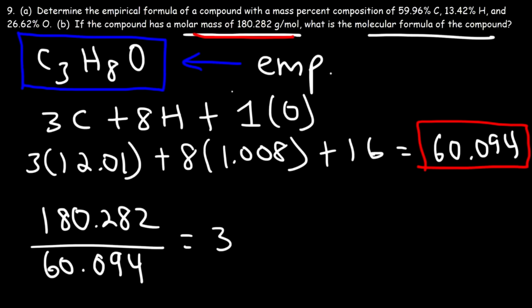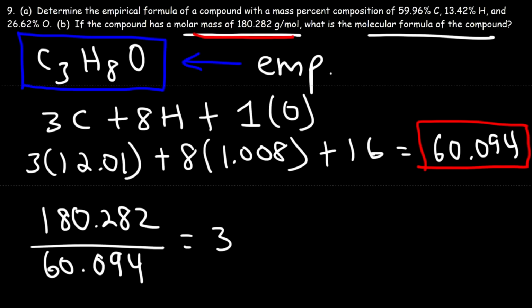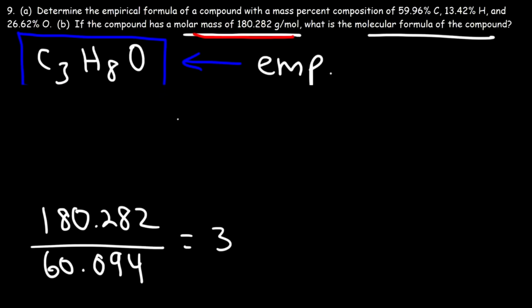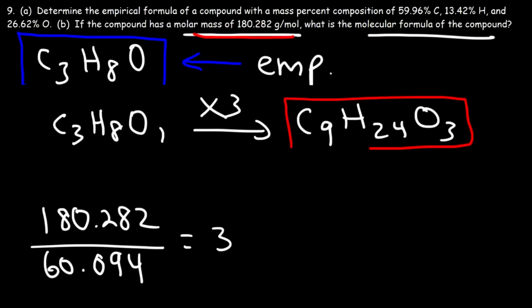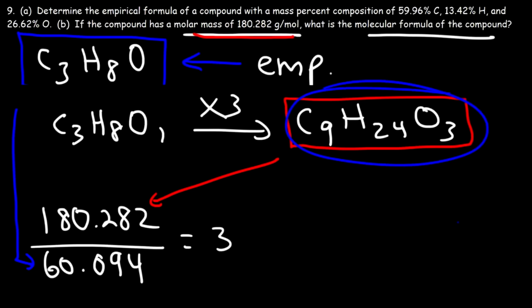So to find the molecular formula, what we need to do is take the empirical formula and multiply the subscripts by 3. So it's going to be C9H24O3. And so this is the molar mass of the molecular formula, and 60.094 is the molar mass of the empirical formula. But this is the answer for part B.